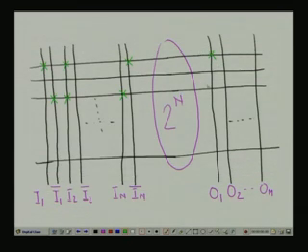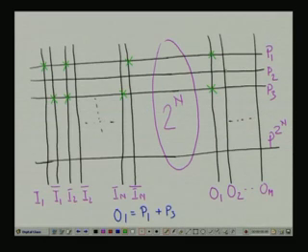Say if these are the product lines P1, P2, P3 and P2 to the power n, then O1 is in this structure, say O1 is P1 plus P3.